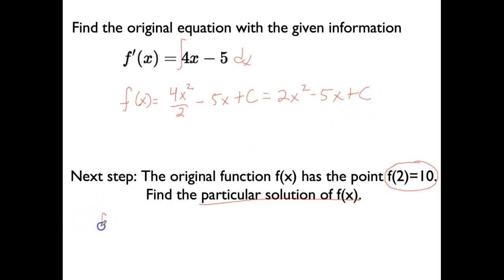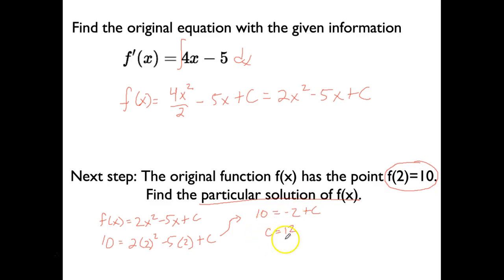So since f of x equals 2x squared minus 5x plus c, I can switch in f of x is going to be 10, that's my y value, and instead of x, I'm going to be putting the x value of 2. And then that leaves me with just one unknown variable, and I can solve for that unknown variable. That's going to be 10 equals, okay, this is going to be 4 times 2 is 8 minus 10, which would be negative 2 plus c. Add the 2 over, and c is equal to 12.